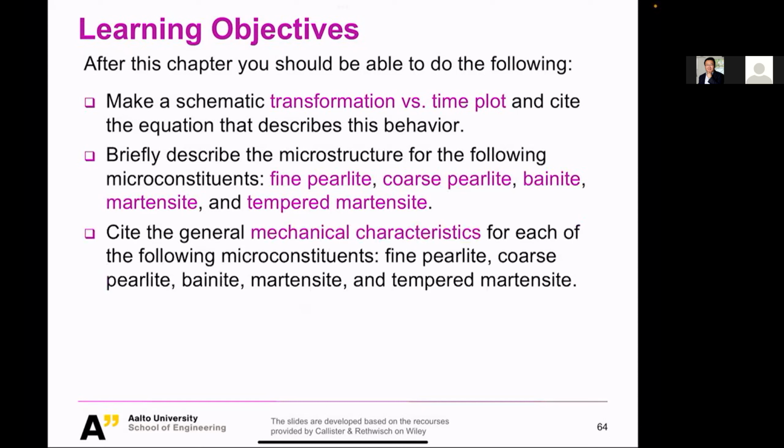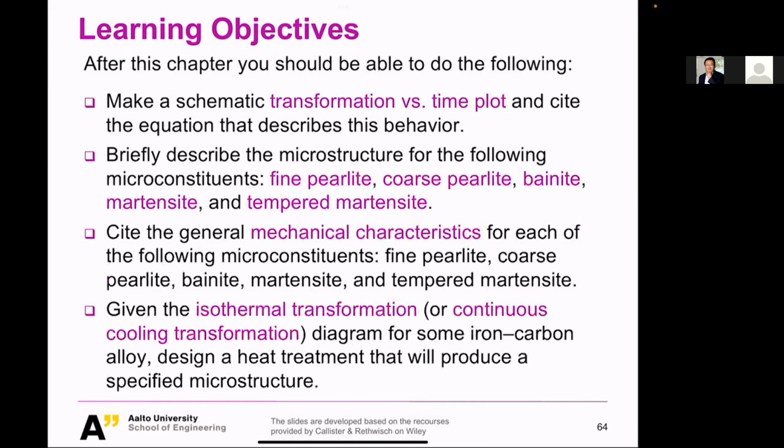And thirdly, you're going to finally be able to correlate your mechanical properties with all these different types of microstructures. And the last point is a systematic tool for you to look up or determine how much time you're going to need to get a certain phase transformation done.